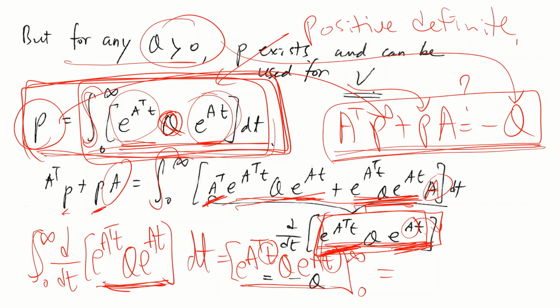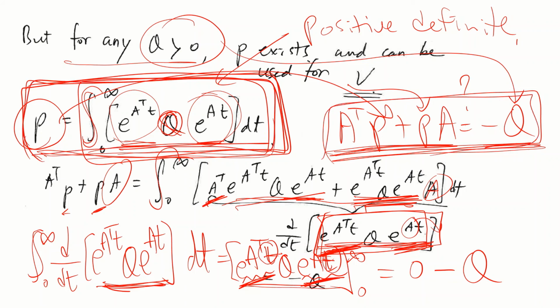If all the eigenvalues are in LHP, this guy would be 0 when t is infinity. That can be easily shown actually. And then minus, you plug in t equal to 0 here, then this part will be 1 and this part is 1, or identity, so it's going to be Q. So this expression is in fact minus Q, and we just showed that this P is the solution to this Lyapunov equality.